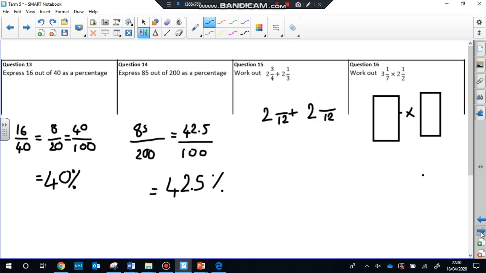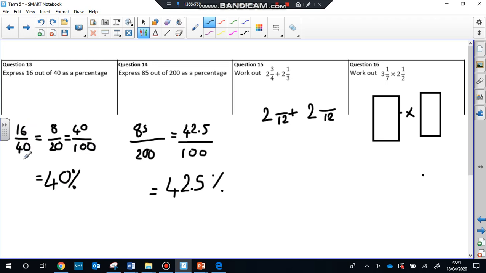Okay, question 13, expressing 16 out of 40 as a percentage. So 16 out of 40 as a fraction is like this. And remember, percent means out of 100. So I need to try and change that bottom number to 100. And there's lots of ways you could do this. I've gone with just halving both of these numbers because it's very difficult to get from 40 to 100.